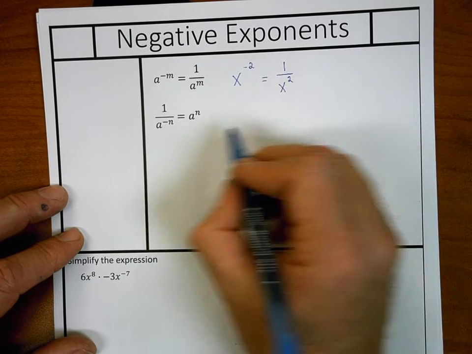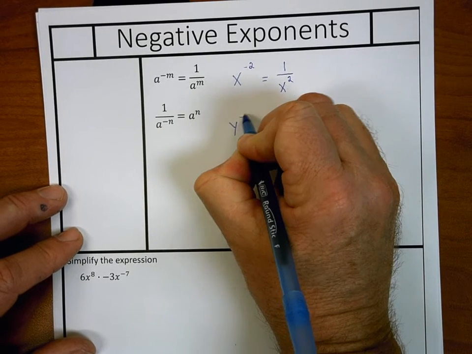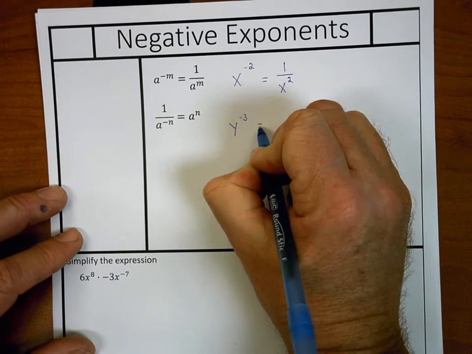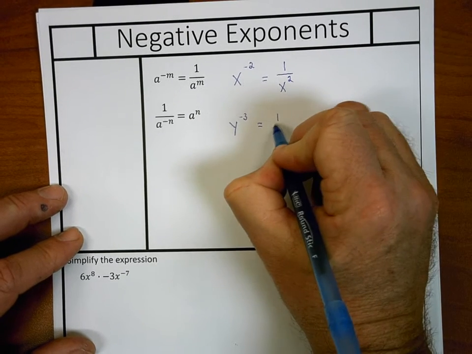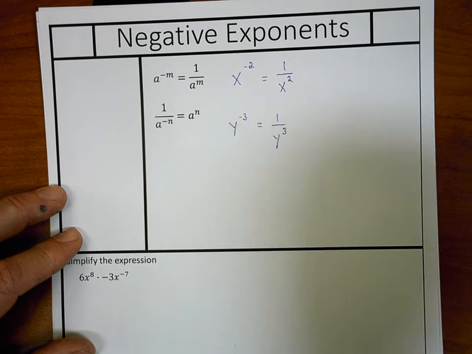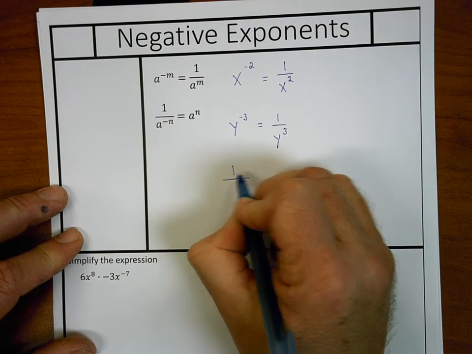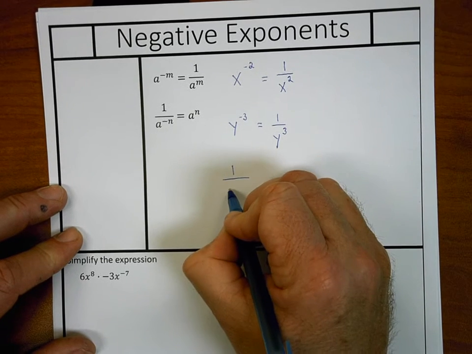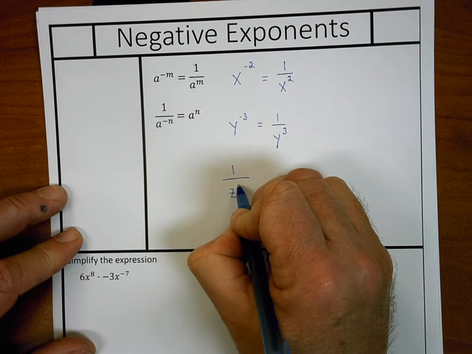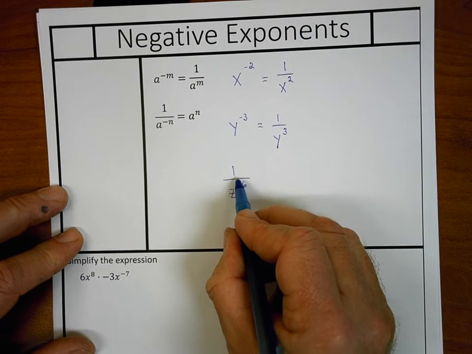That's okay. So let's say I have a y to the negative 3 power. If I wanted to rewrite that with a positive exponent only, I would get 1 over y to the positive 3 power. Okay, if I start with a fraction that has a 1, and then let's say I have a z to the negative 6 power, so the negative power is in the denominator.